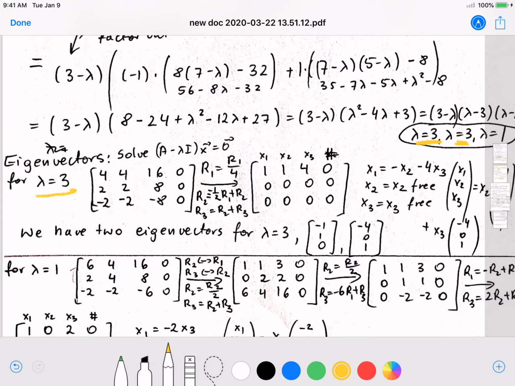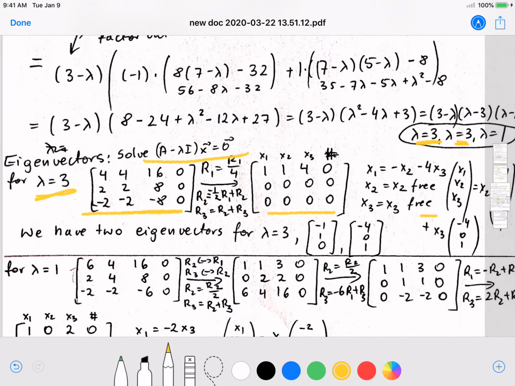So let's find the eigenvector corresponding to lambda equal to 3. We're solving the equation as before. Subtract 3 on the main diagonal to get this matrix. Reduce, perform row operations, basically solve.